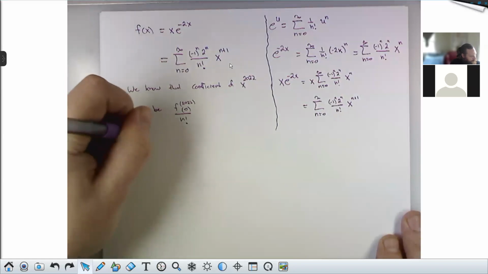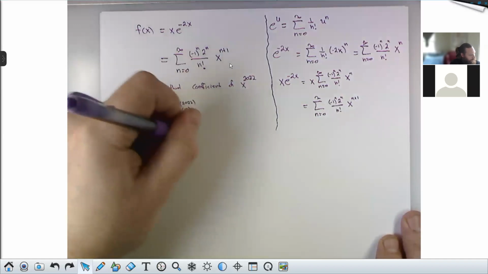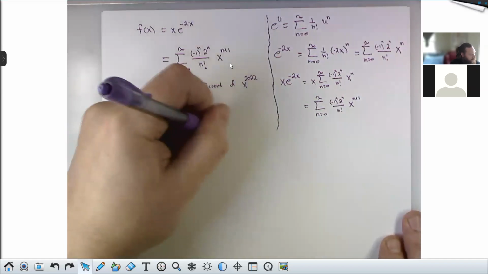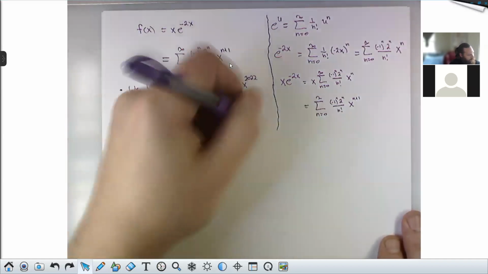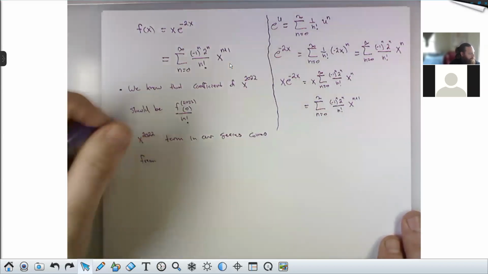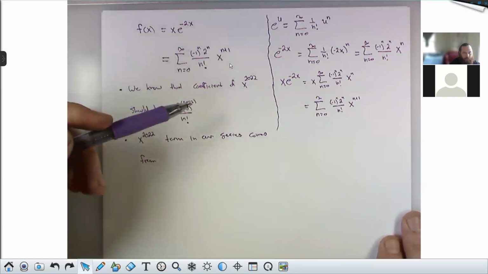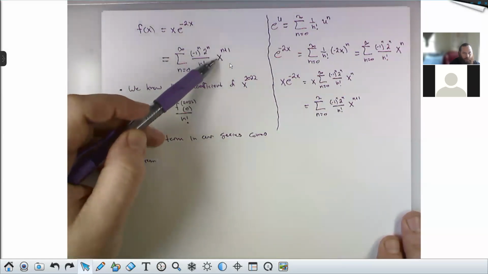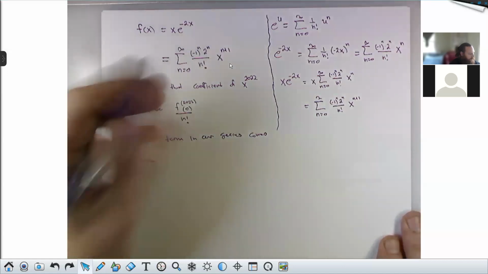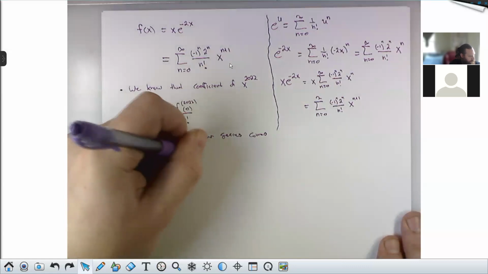The x to the 2022 term in our power series comes from, well, this is an x to the n plus 1. So you're going to get an x to the 2022 here when n is equal to 2021.